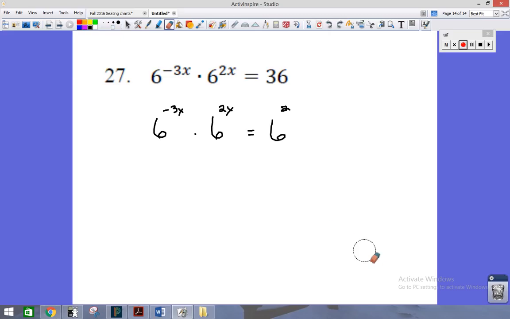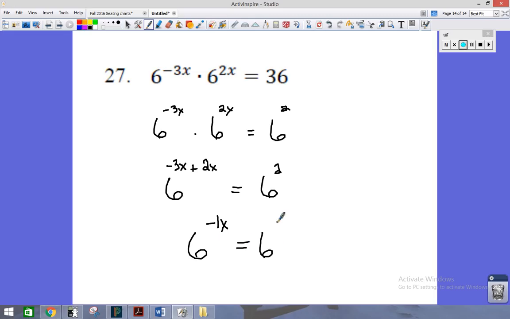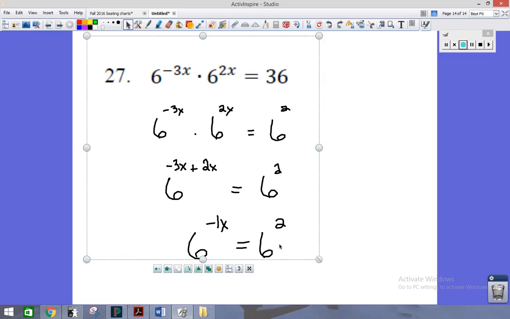All right, so I've got this base 6, and I'm going to add these exponents together because it's multiplication. So I've got negative 3x plus positive 2x is equal to 6 squared. Well, if I have negative 3x's and I add positive 2x's, that's just going to be a negative 1x. And if the numbers are the same and the bases are the same, then the exponents must be the same.